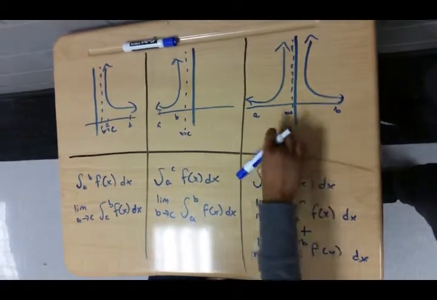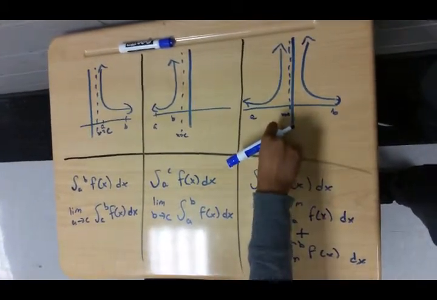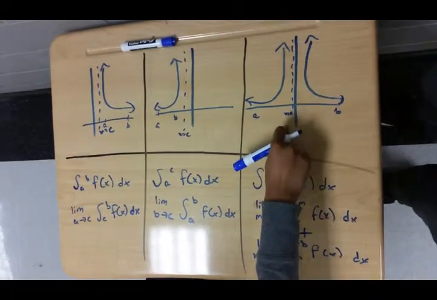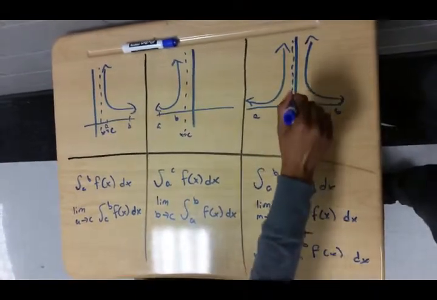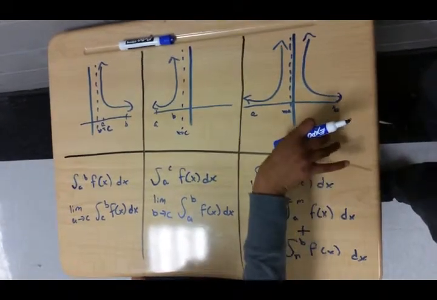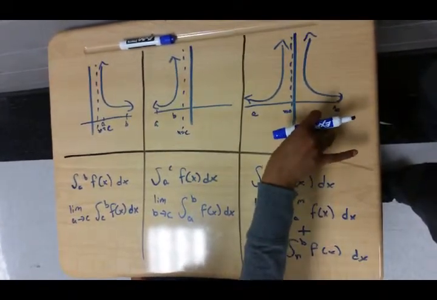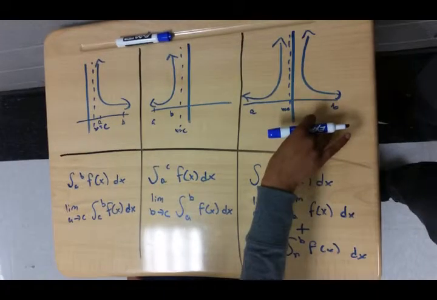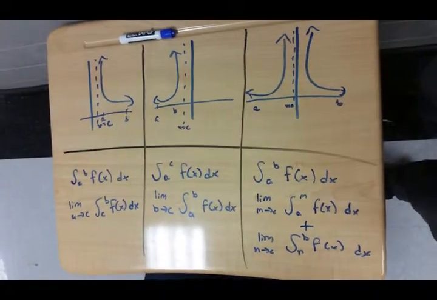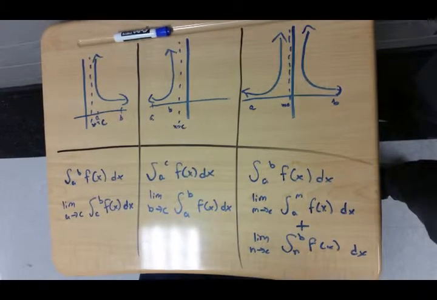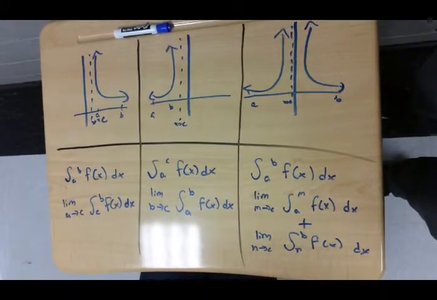Well, the vertical asymptote is at x equals c, and so like you did before, you're going to have to split them. So if you do one going to m, you can set m as one and you can set n as the other, and then you can solve the improper integral. And it is important that integrability does not imply continuity.